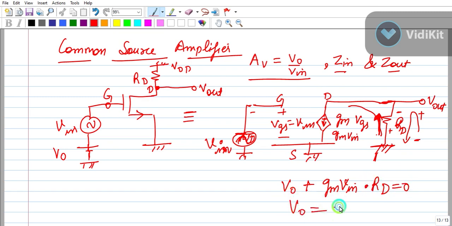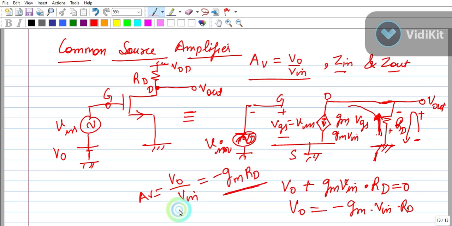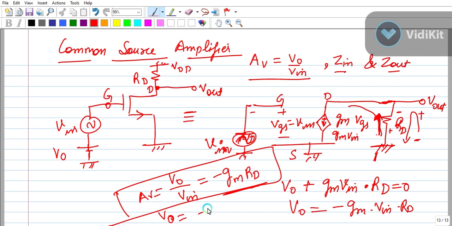So V out will be equal to minus GM V in dot RD, means V out by V in, that is AV, will become minus GM RD. This is the gain. And V out is equal to minus GM RD V in. So V in is amplified by this much, and you can see the phase difference of 180 degrees.